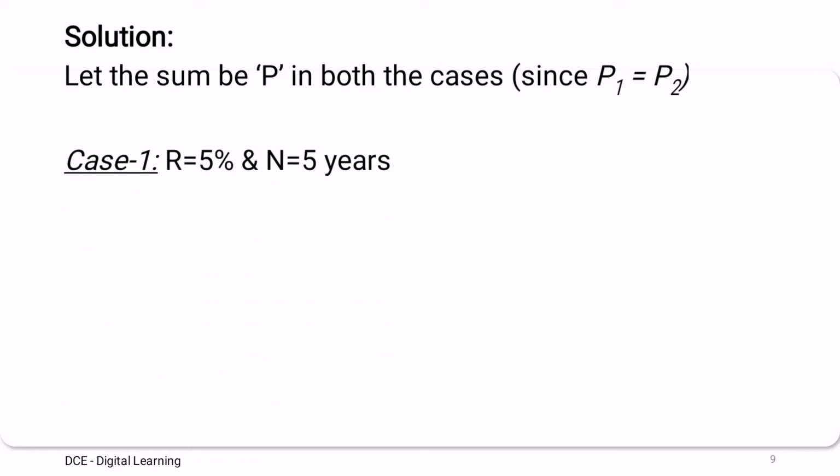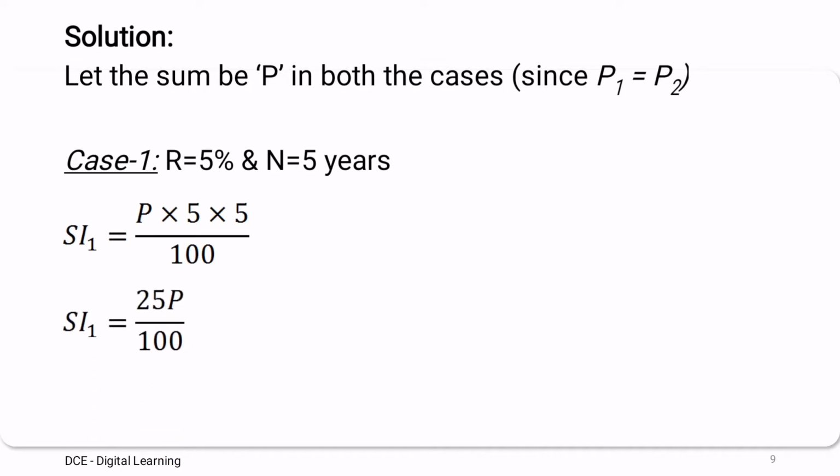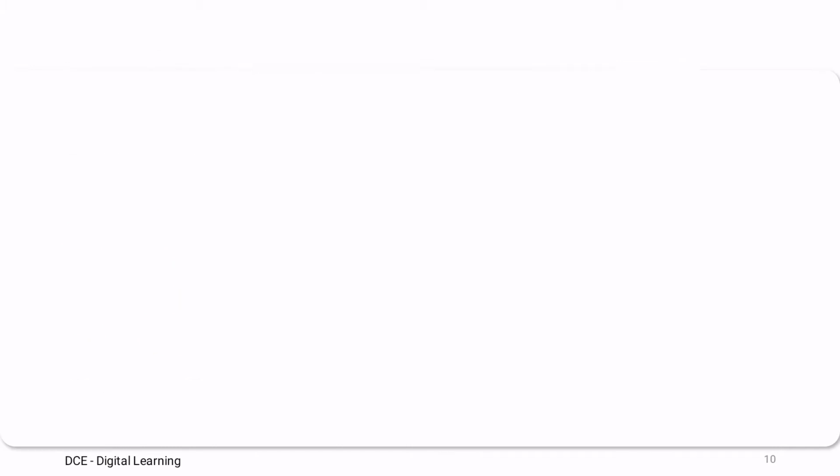So in case 1 the rate of interest is 5% and N is 5 years. So simple interest in case 1 equals P into N into R divided by 100, P into 5 into 5, 25P divided by 100. So simple interest 1 equals 0.25P.